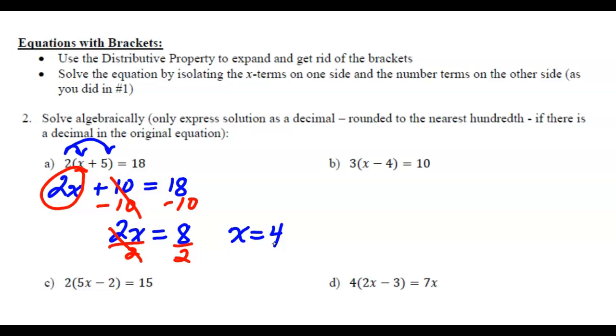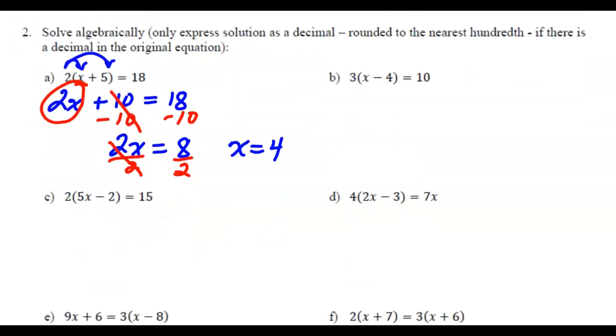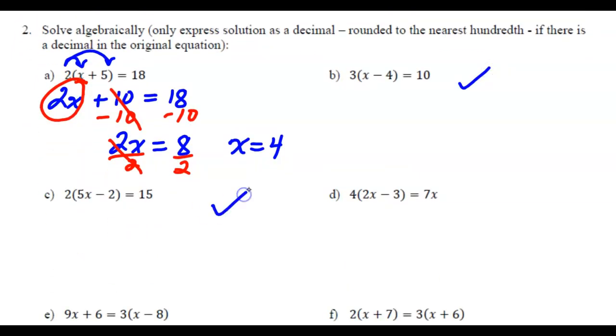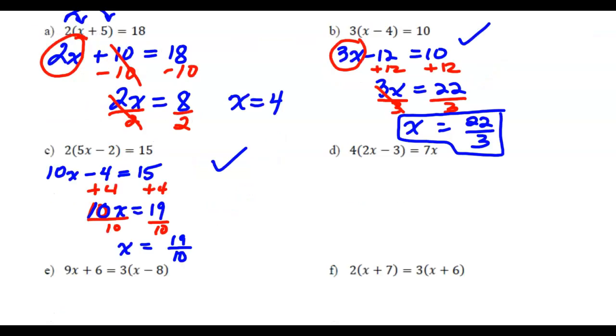Okay, expand the next one. 3 times x, 3 times negative 4. What do you get? So you're going to do B and C right now. Okay, so there are the solutions to B and C.